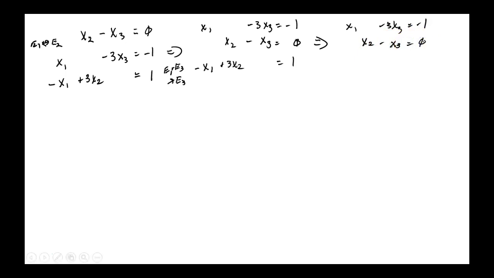And what's your new equation 3? There's no x sub 1. Right. Plus 3x sub 2 minus 3x sub 3 is equal to 0. Yeah, you're right, it's 0.